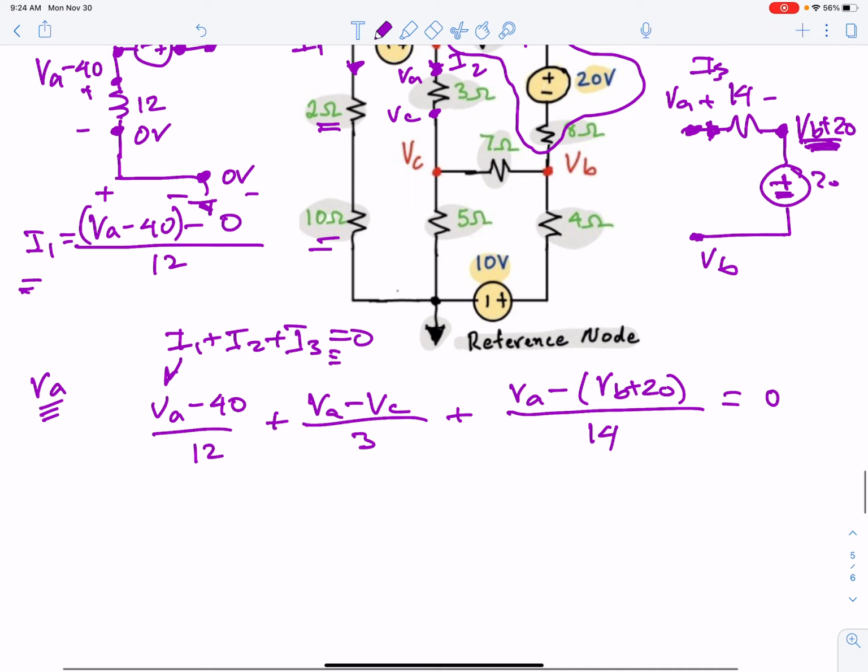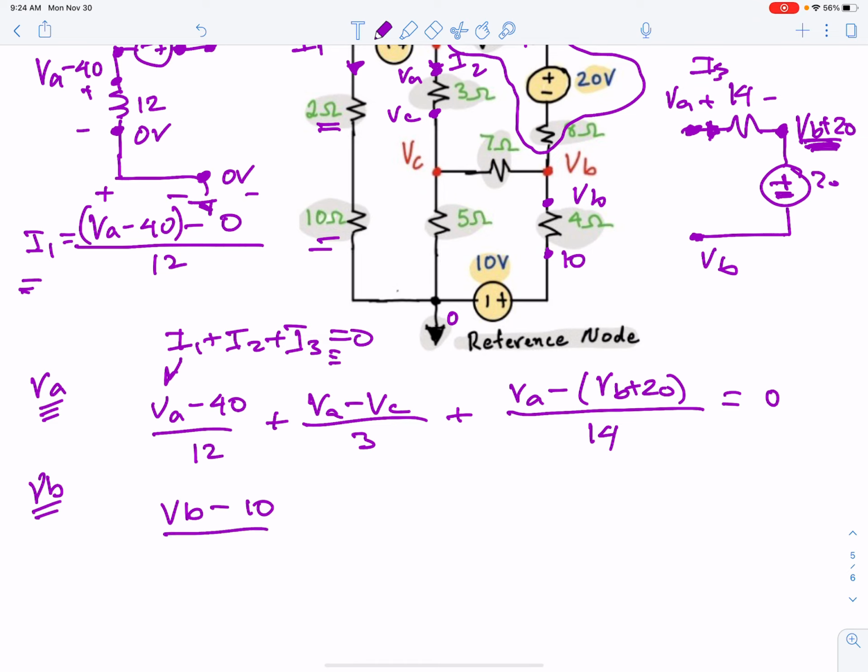All right, let's do node B. For node B, this dot would be VB, and this dot would be 0 plus 10, so that's a 10. So I would see VB minus 10 over 4. Then we have this current coming out this way, which would be VB minus VC over 7.